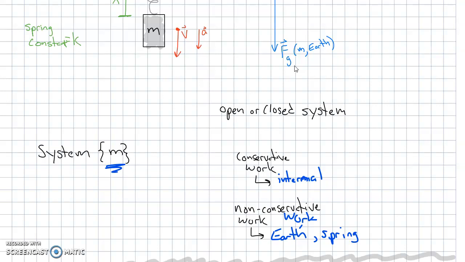And again, generally speaking, when we're talking about mechanical systems, we really don't even consider these. So at this point, because all we have done is work by the Earth and spring, and they are external, that's going to tell us that this is an open system. It is not closed because we have external agents acting on our system.